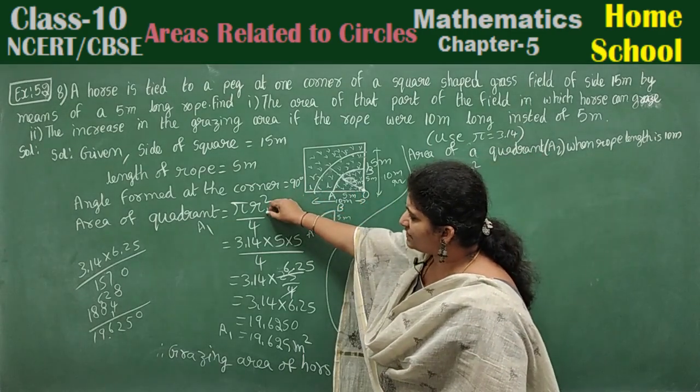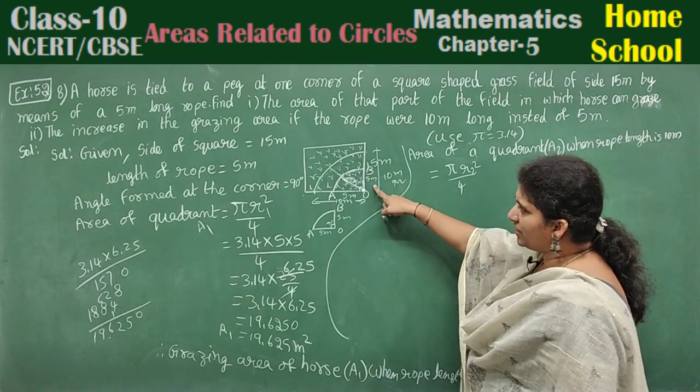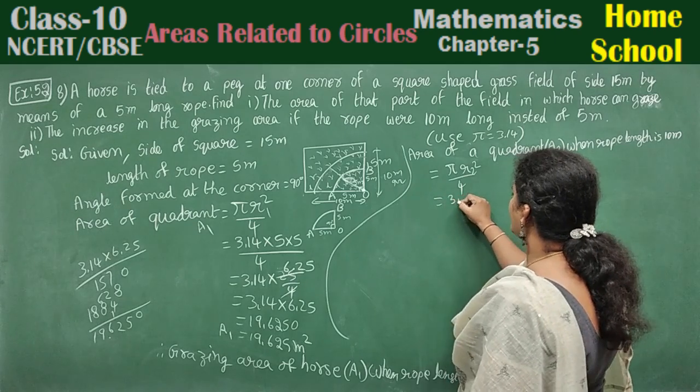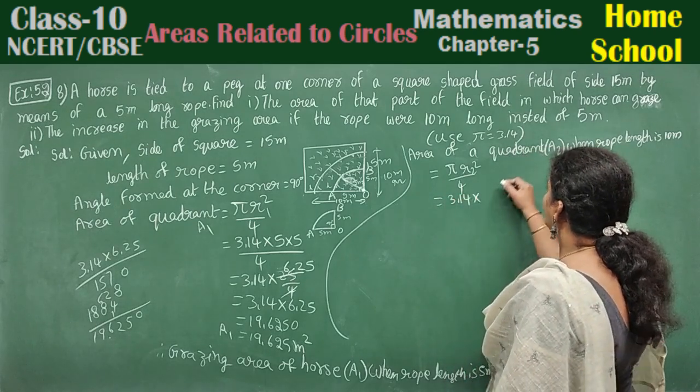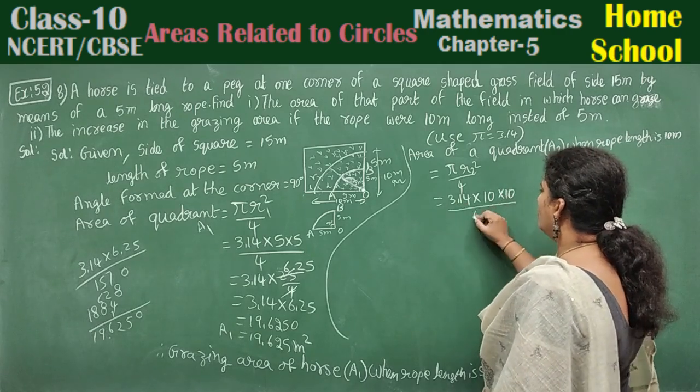I consider this one as r1 and this one as r2. r1 is 5 meters, r2 is 10 meters. Pi value is 3.14, r2 value is 10 into 10 by 4.